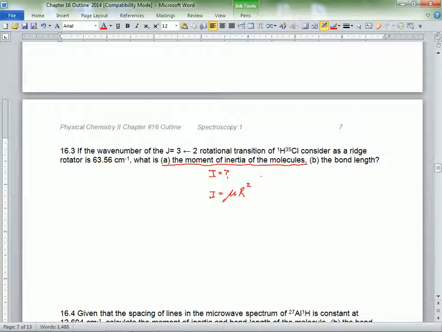We can use the inside front cover of the book to find the mass of those isotopes, and we can calculate reduced mass, product over sum. But I guess we don't know what the r is. What's the r? Bond length. So that's part B. So I guess we're not going to be using this equation to get I. We'll probably use this equation to get part B. So how are we going to get part A, then?